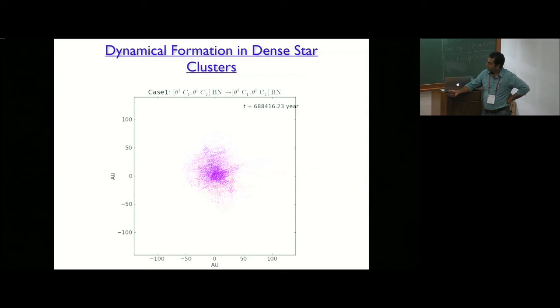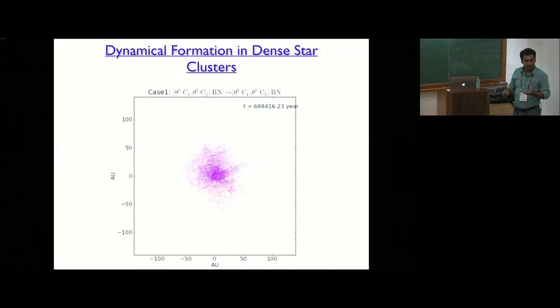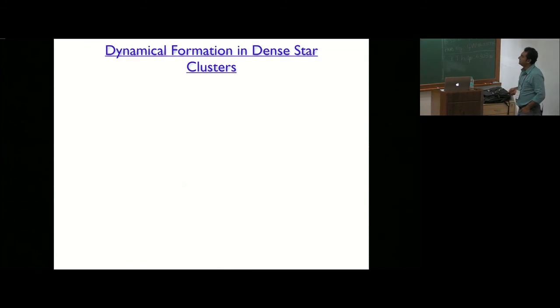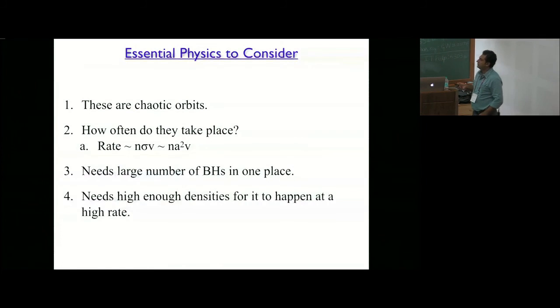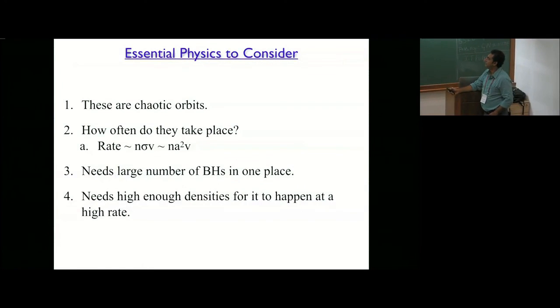So in principle, if you can have binary black holes where these kinds of interactions are happening frequently enough, then you can take two black holes that are sufficiently far apart at formation, but through these repeated hardening encounters, you can make their orbits shrink to a point where the merger timescale is short enough.